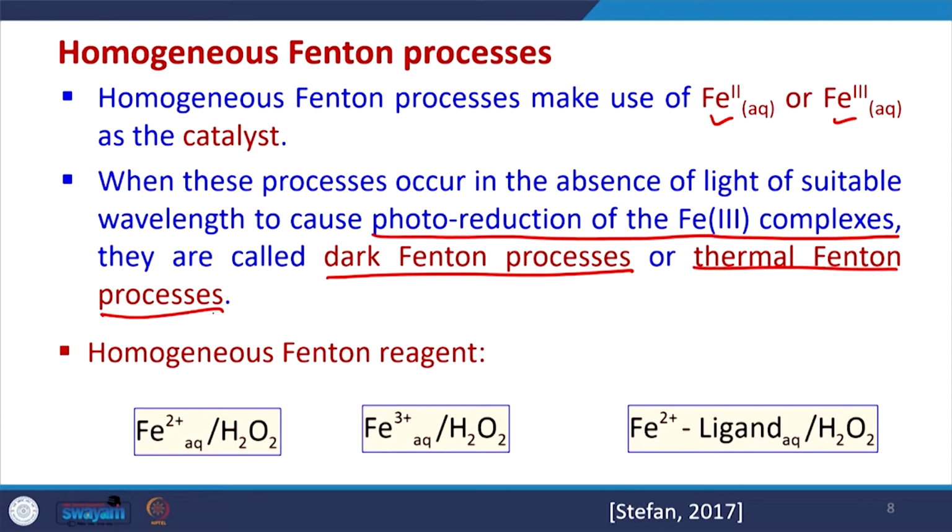This is another classification of Fenton processes. In the homogeneous Fenton reaction in the aqueous system, we have Fe2+ with H2O2, Fe3+ with H2O2, or Fe2+ with a ligand in the aqueous phase with H2O2.